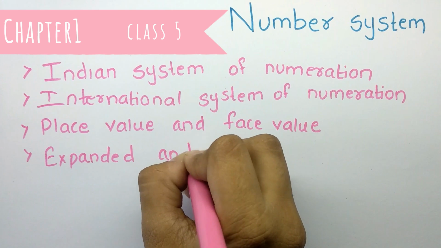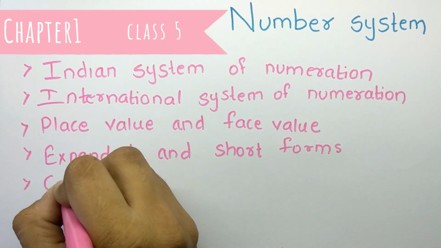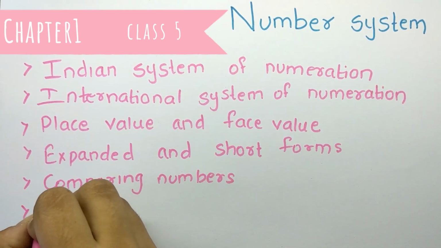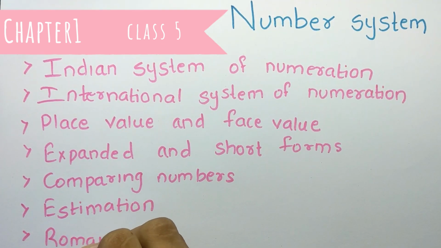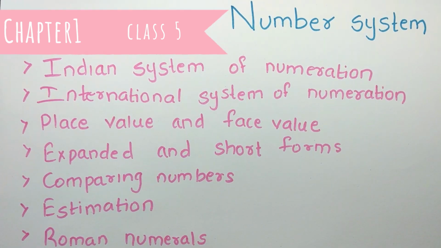Then we will learn about expanded and short forms of the number. We will learn about comparing numbers and estimation of numbers. And the last thing in this chapter will be Roman numerals.